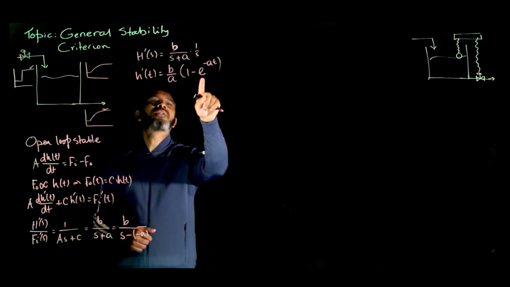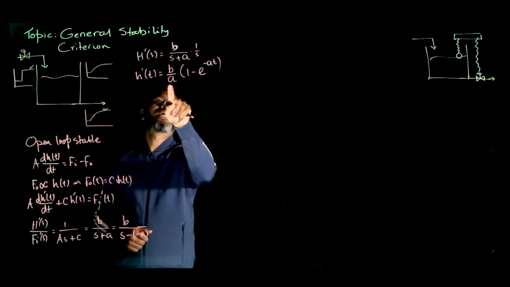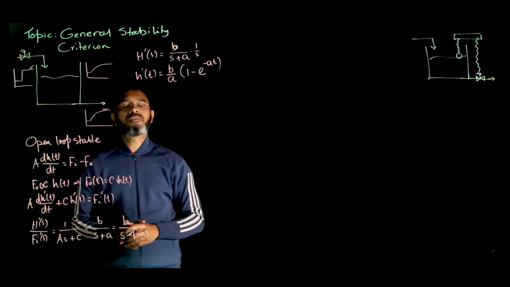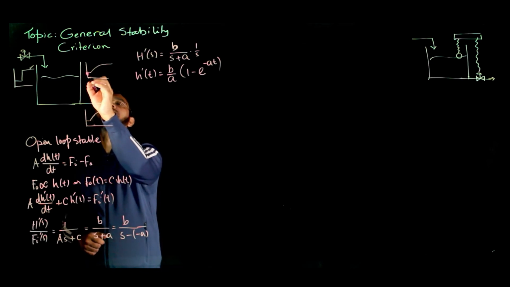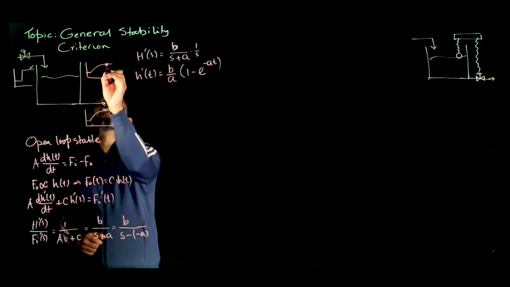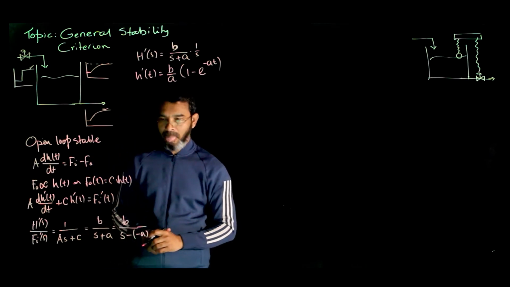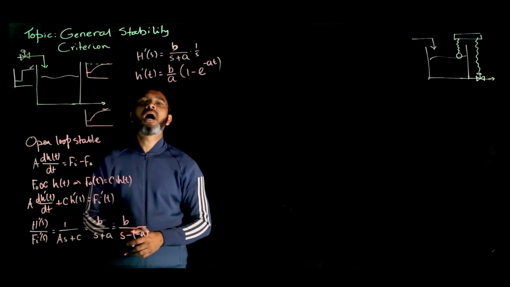And when t is 0, this term is 0, this term is 1, so the entire term becomes 0. So it goes from 0 to b over a. Okay. So if we start from 0 in the deviational form, the final value will be b over a, which is bounded. So we call this process one that has a bounded output.